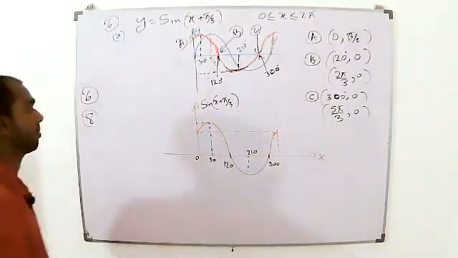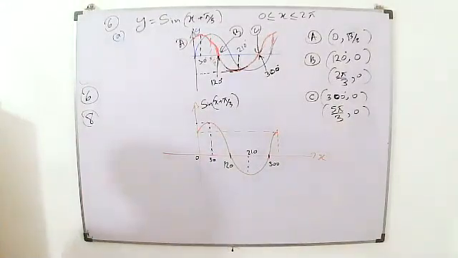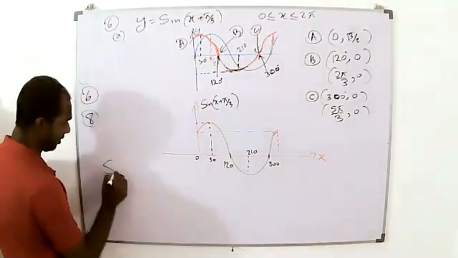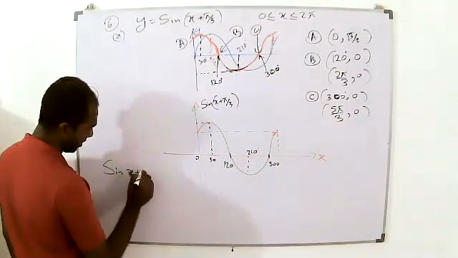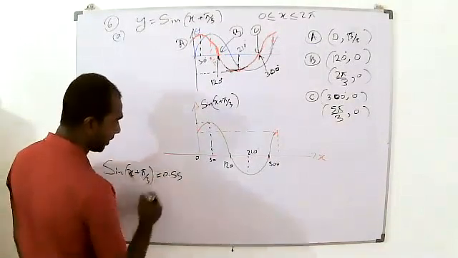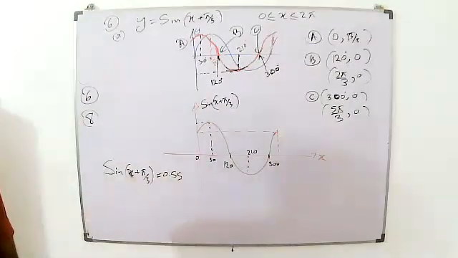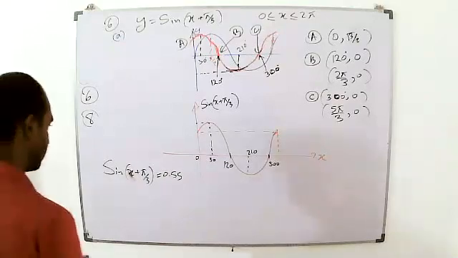Okay. So what are they asking? 0.55. When will this sine x plus 5 over 3 equal 0.55? This curve equals 0.55. How much?